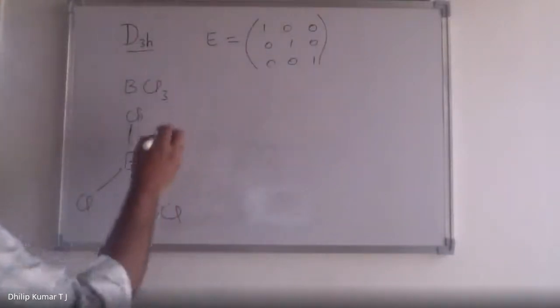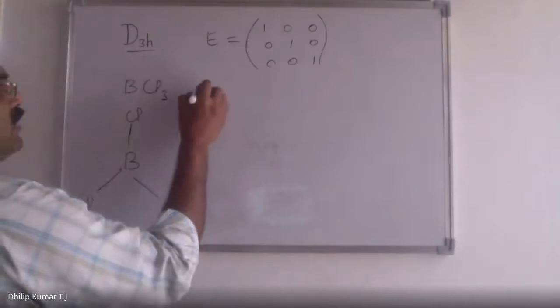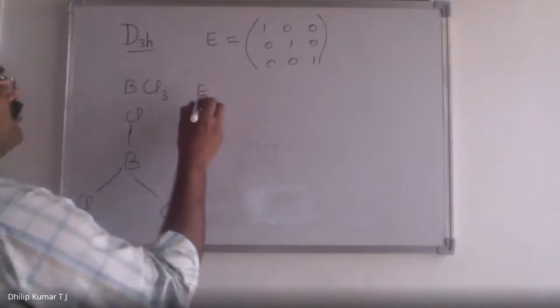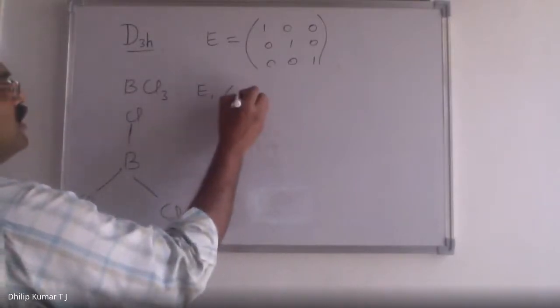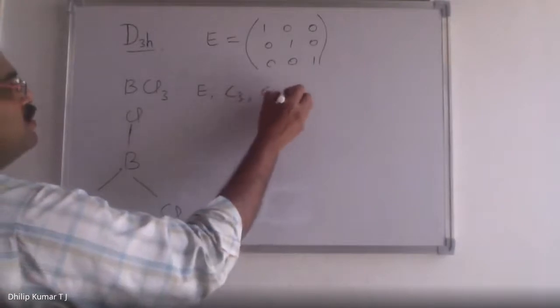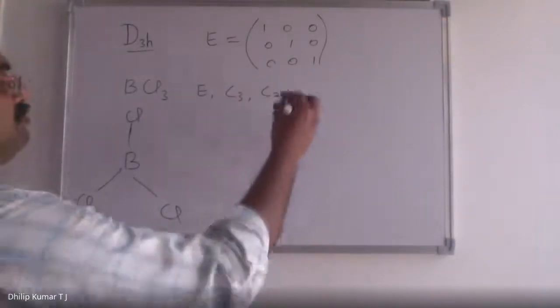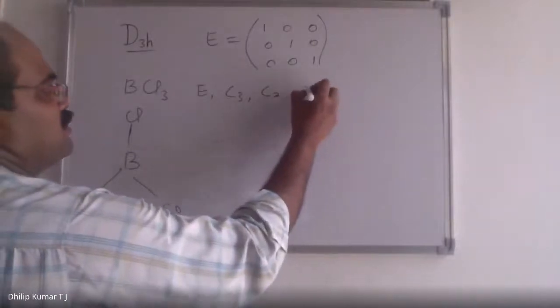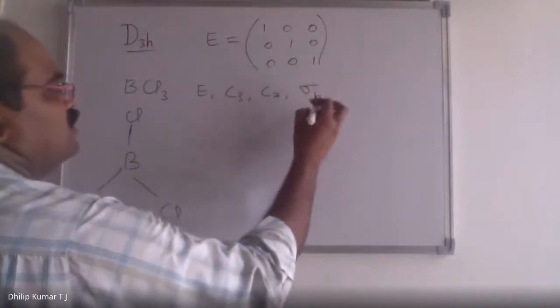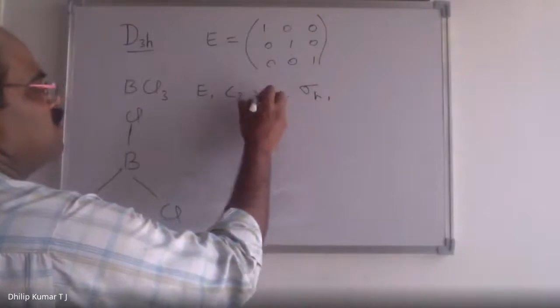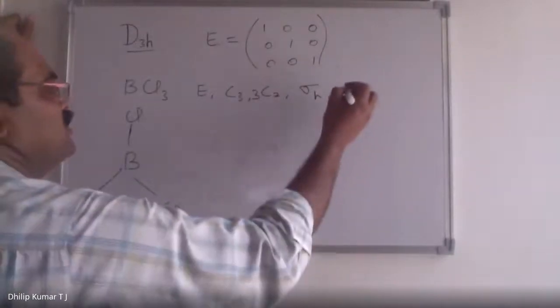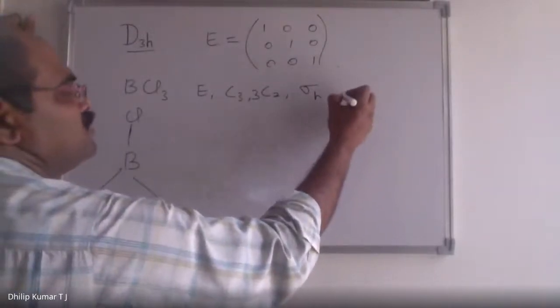Before that, D3H has what? Has E, C3, 3C2, sigma H.